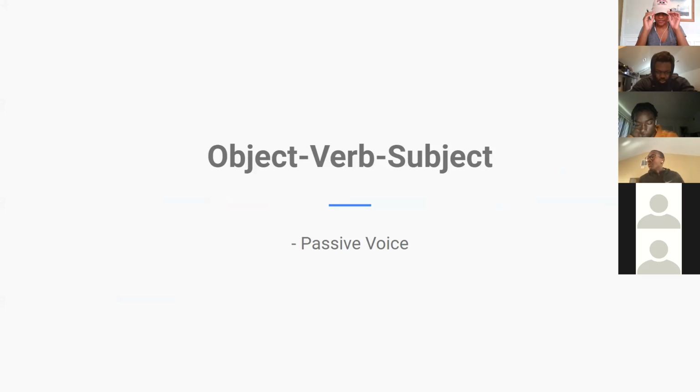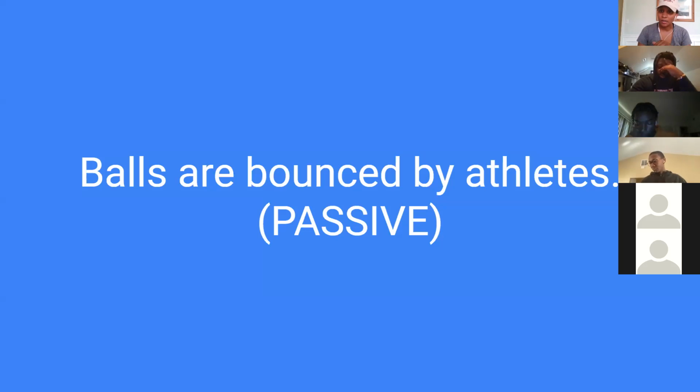Passive voice is object, verb, subject. So now it feels a little bit confusing. Now the object is at the beginning of the sentence, and then the subject sandwiches the verb. And so we're going to have a more complex sentence because now the object is receiving the action instead of the subject doing the action. So, balls are bounced by the athletes. Well, why didn't we just say athletes bounce balls, right?